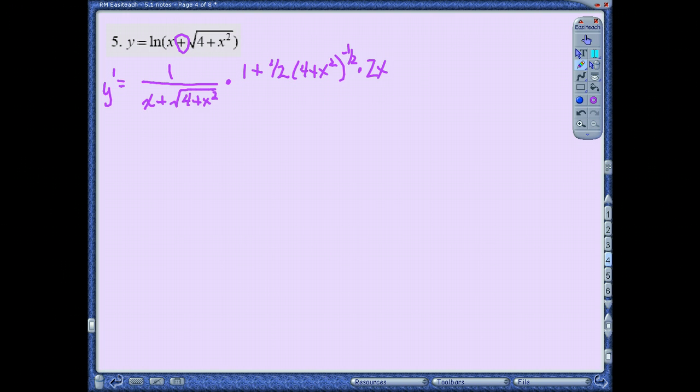When I'm looking at this, I do have 2 terms now. I want us to see we've got one term here, and then we've got our second term up here. Our second term has a negative exponent, so we are going to need to move that down in the denominator of that term only. So we're going to create a complex fraction. We do have a 1/2 and a 2, so those do cancel each other out.